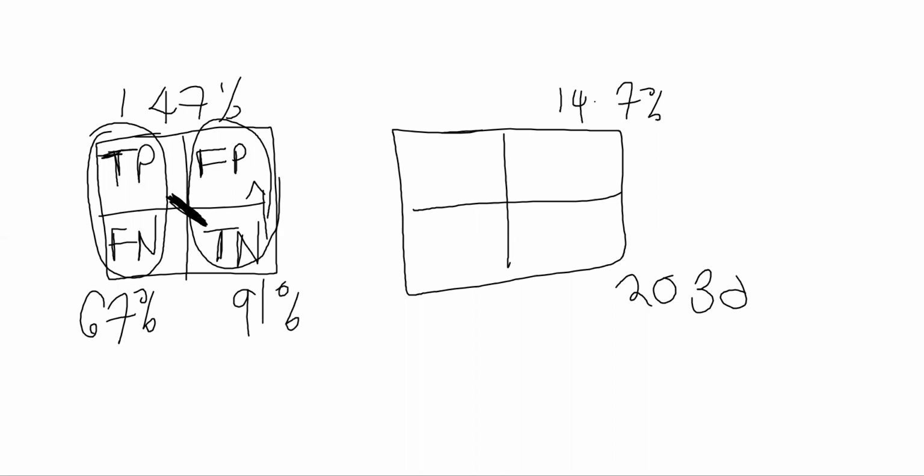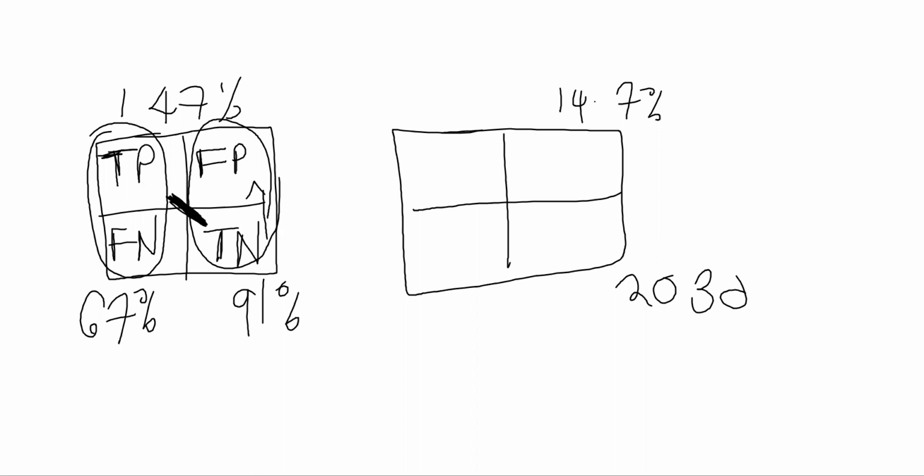So I guess this is the formula. Sensitivity is true positive divided by false negative plus true positive, whereas specificity is true negative divided by true negative plus false positive. And you get the 91%. So whatever number that is.